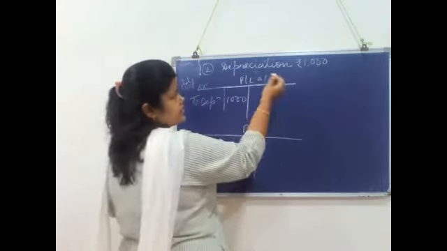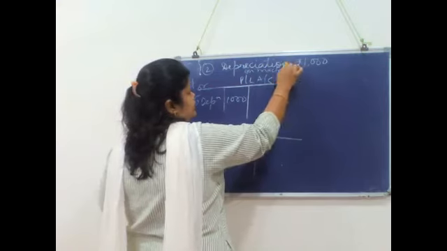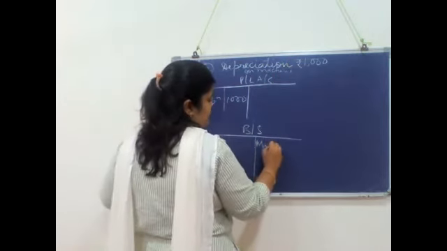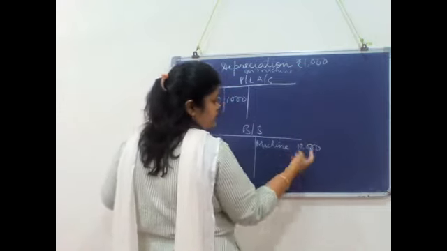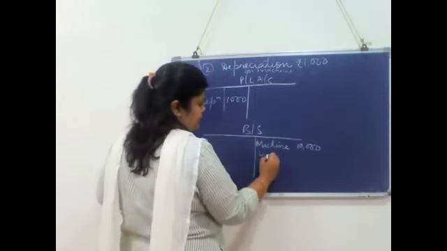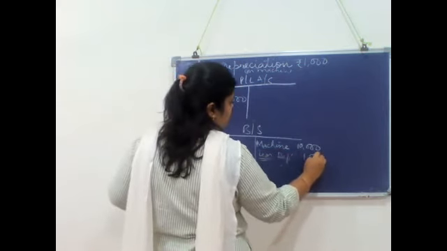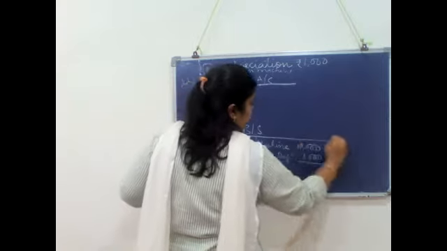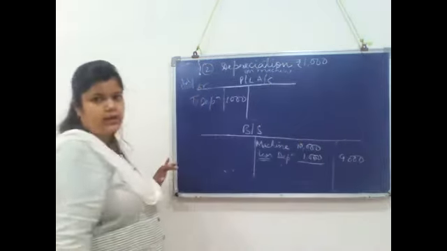Obviously the depreciation is on a particular asset. Say the depreciation is on machine, and the value of machine is 10,000. Then we will write machine 10,000, and from that we will deduct this depreciation. We will write less depreciation 1,000, and the net amount that goes to the outer column will be 9,000.